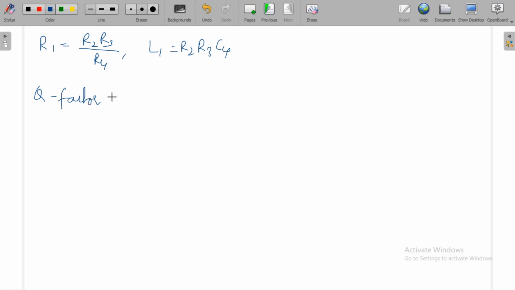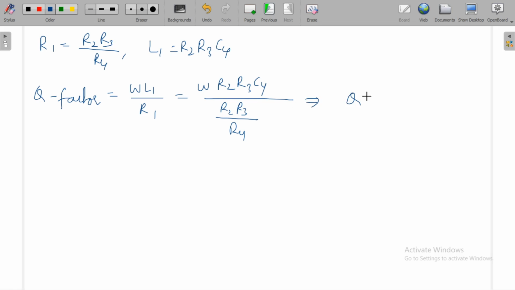Q factor is equal to omega L1 by R1, which is equal to omega R2 R3 C4 by R2 R3 by R4. Then Q is equal to omega R4 C4. Okay, Q is equal to omega C4 R4.